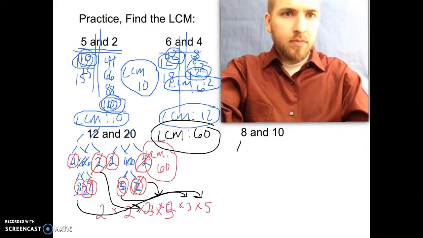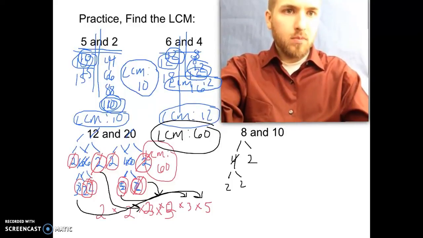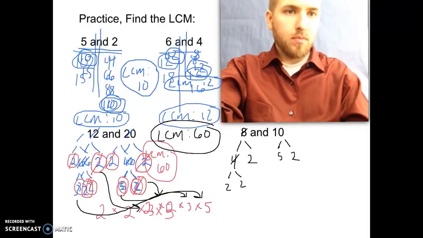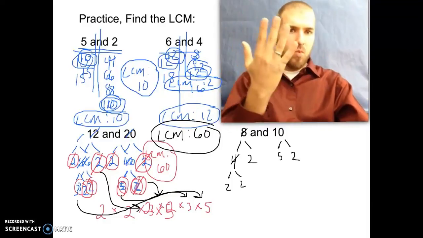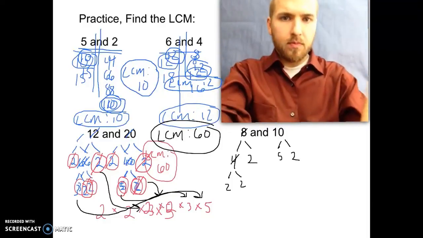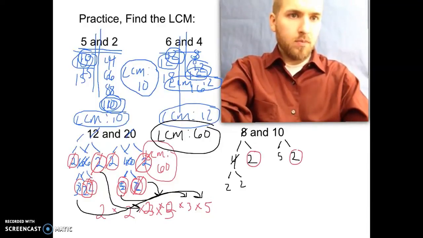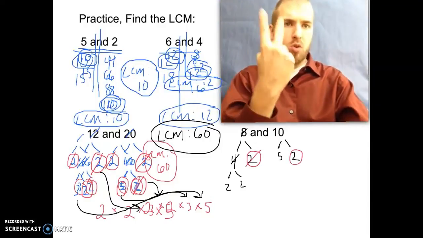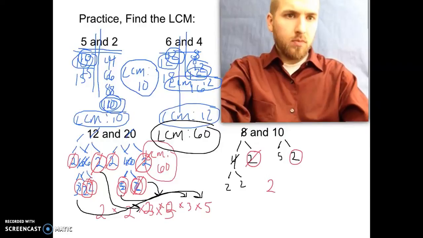So for our last one, 8 and 10, we're also going to use the factoring method. So 8 has factors of 4 and 2, and the 4 can lower itself down to 2 and 2. 10 is 5 and 2 again. So we have a common one between those of one set of 2's. So instead of writing 2 twice, you'll write it once.